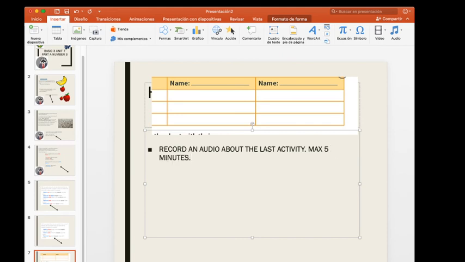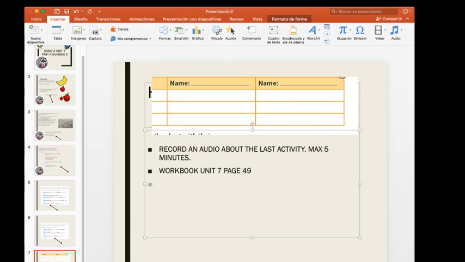Okay, and please, you have to check your workbook. You can complete the first part of unit 7. More specifically, let me check the page. Page 49. Okay, page 49.